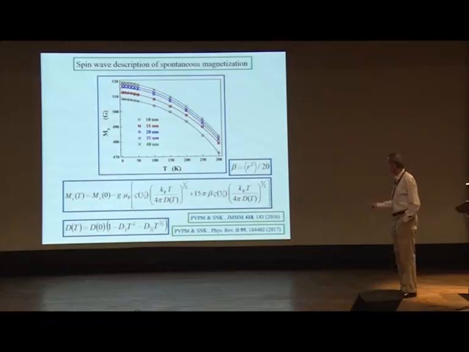is fit with the well-known spin wave expression, which is this, where this beta is a measure of the RMS exchange correlation length, that is, the range over which the exchange interaction operates in these systems.